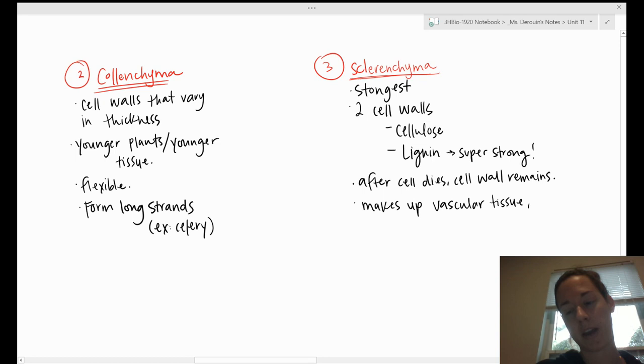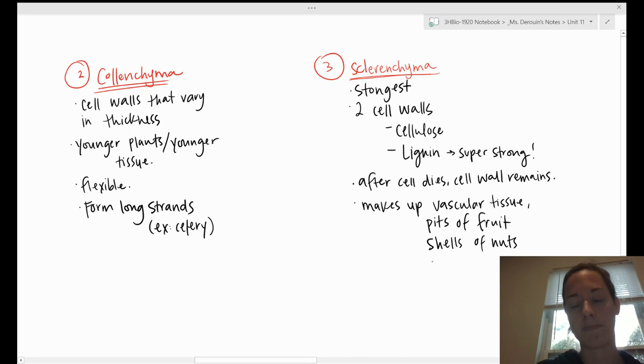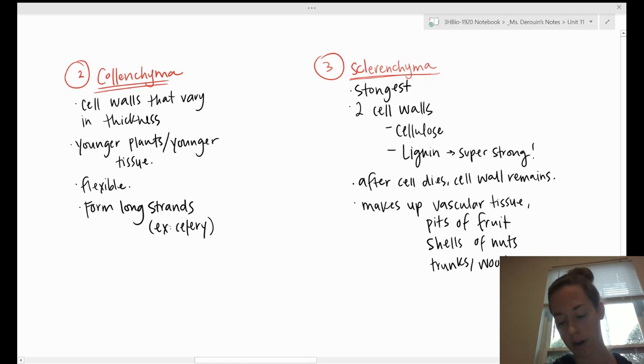Also, it makes up the pits of fruit, like a peach pit, and the shells of nuts, and trunks of trees or woody stems. The really strong parts of the plant are made up of this cell type.